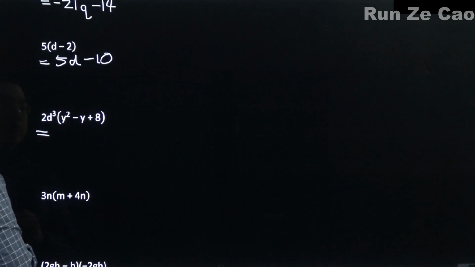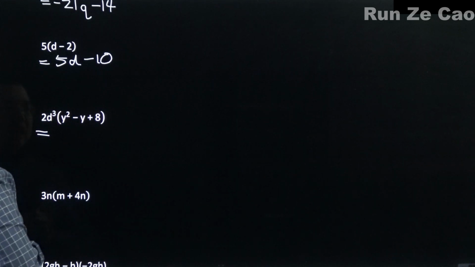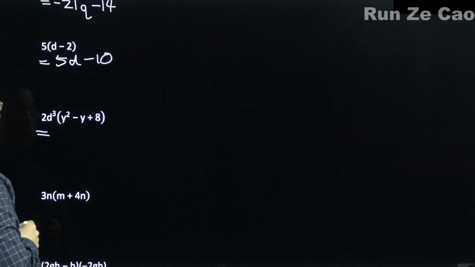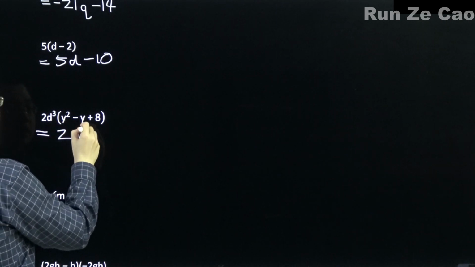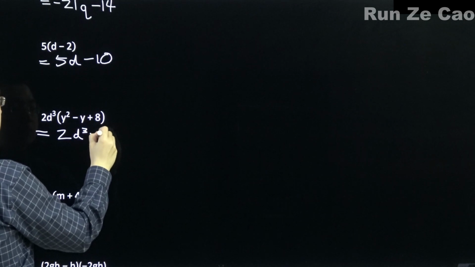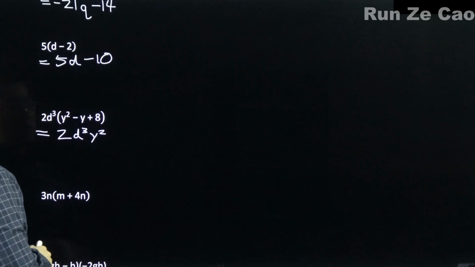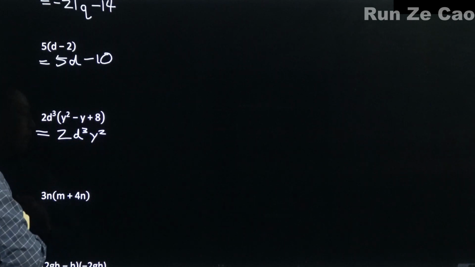2d to the third times y squared minus y plus 8. Well, the coefficient for the first term is going to be 2 times 1, which is 2. And then you have d to the third times y squared. And you just leave it like that. Within each term, the variables should be ordered alphabetically.